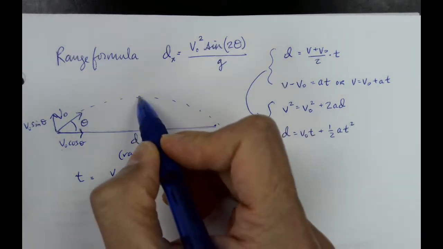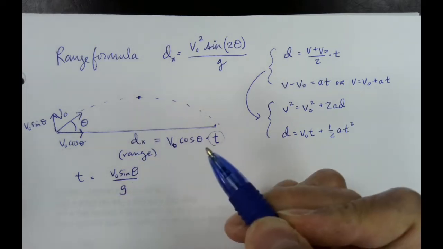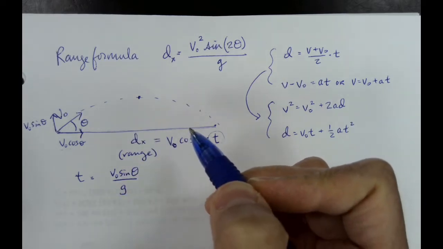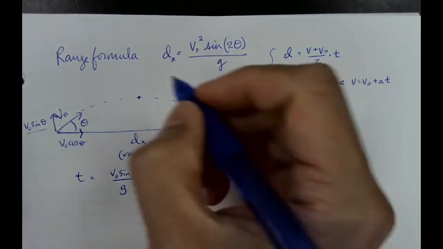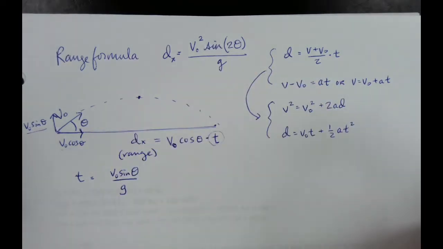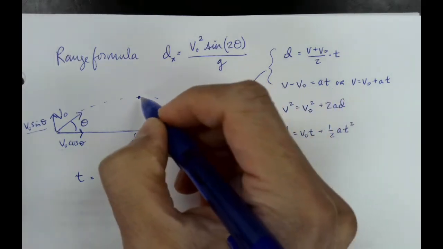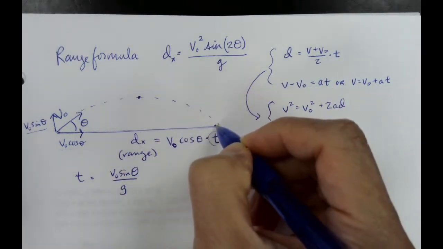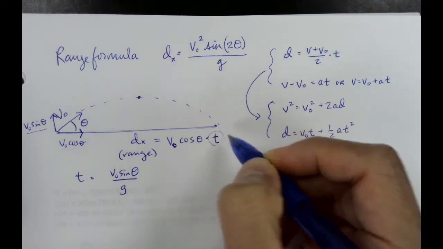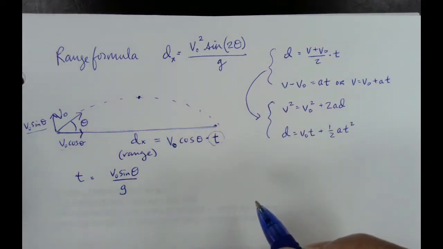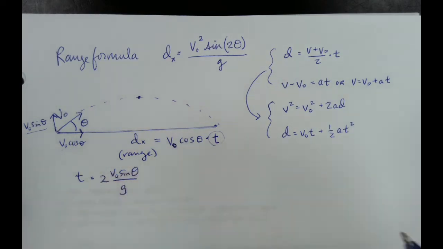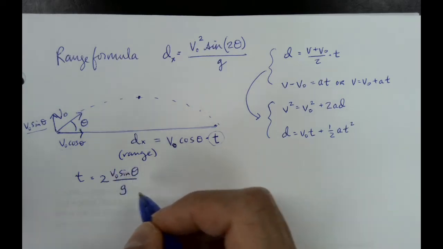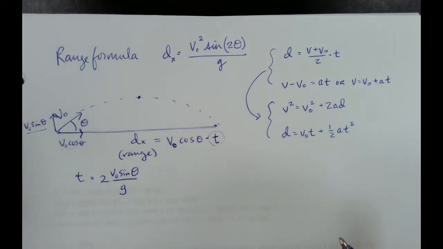How many seconds of 9.8 meters per second squared acceleration does it take to reduce my initial vertical velocity to 0? That will be at the top. And then we're going to double that to reach the full amount of time where my projectile returns to the ground, which is how we define range. So our time really is 2 times initial vertical velocity divided by gravity.